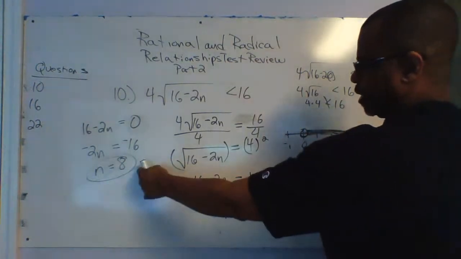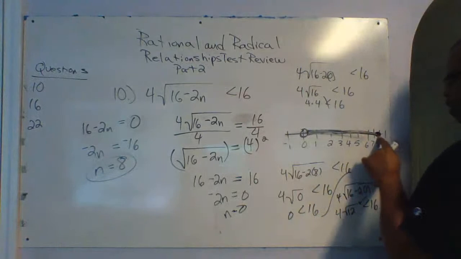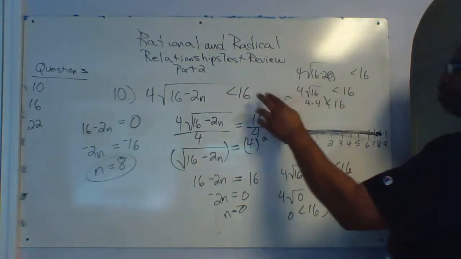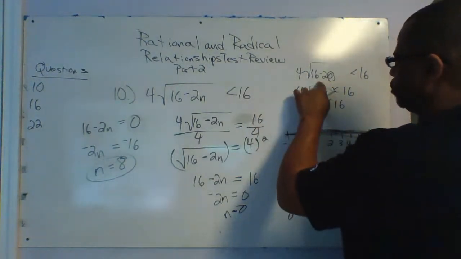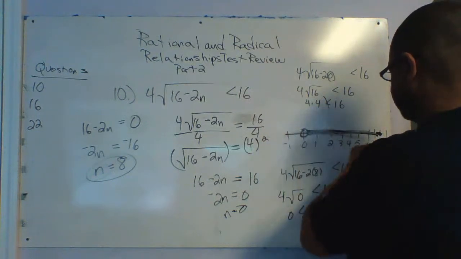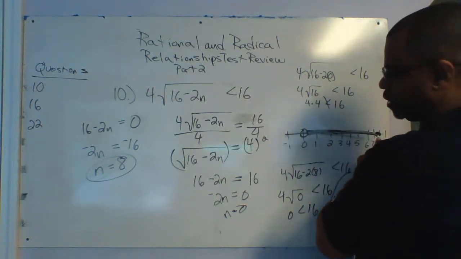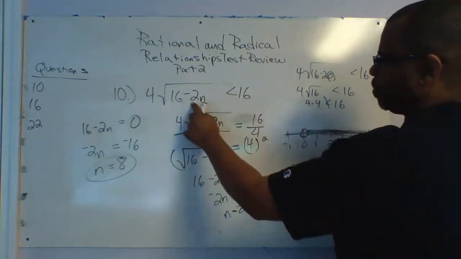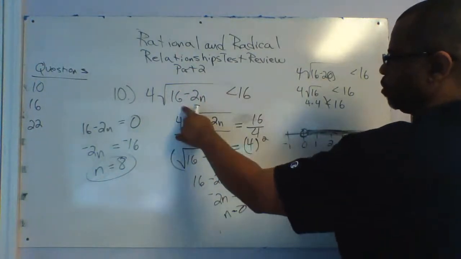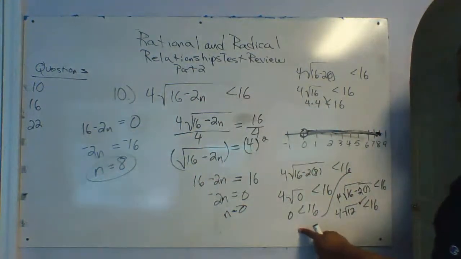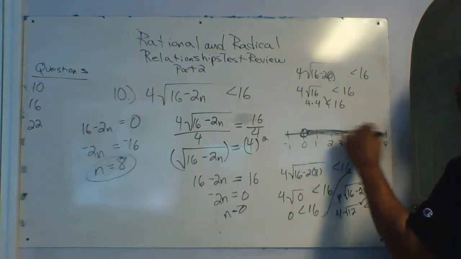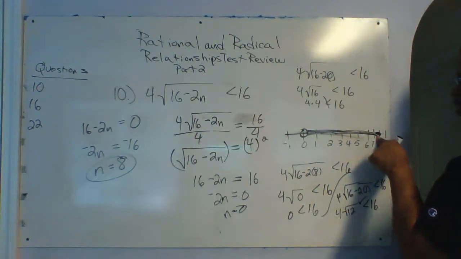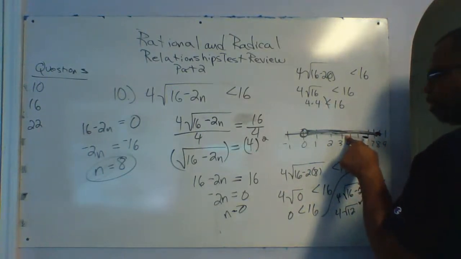Then I have to again set this equal to 0. Set this equal to 8, I'm sorry. So if I plug in 8, this is 0. So 0 is less than 16. That's true. So I can shade in between here. So I want to pick a point here.